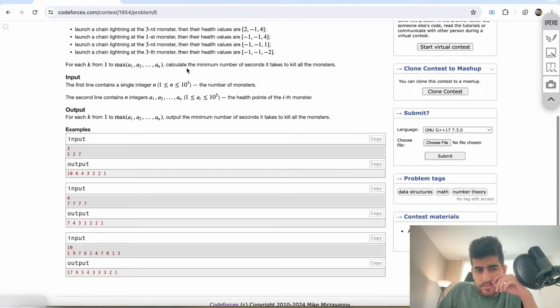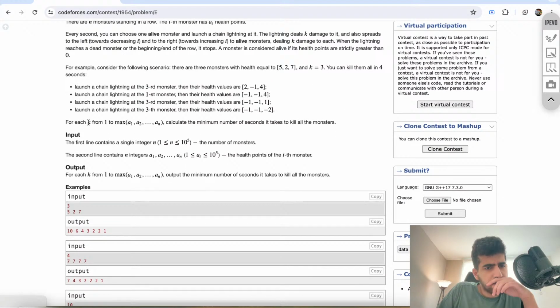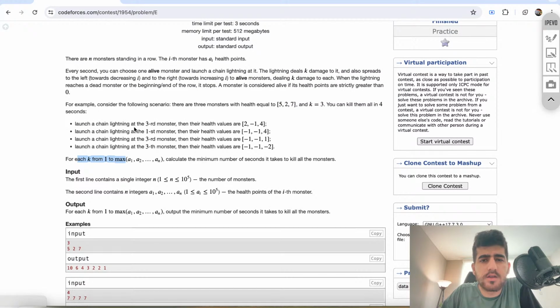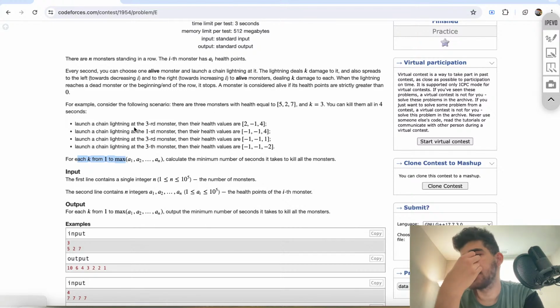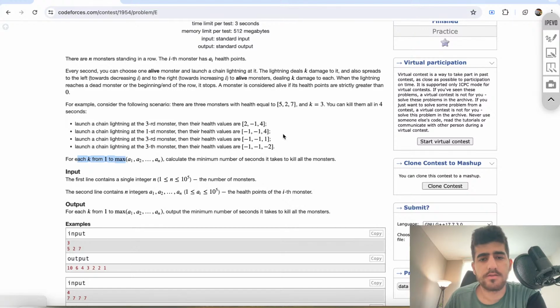Just let me see something. Why for each k from 1 to the maximum of a_1 to a_n? Can't it be more than the maximum? Oh, k is from 1 to the maximum.